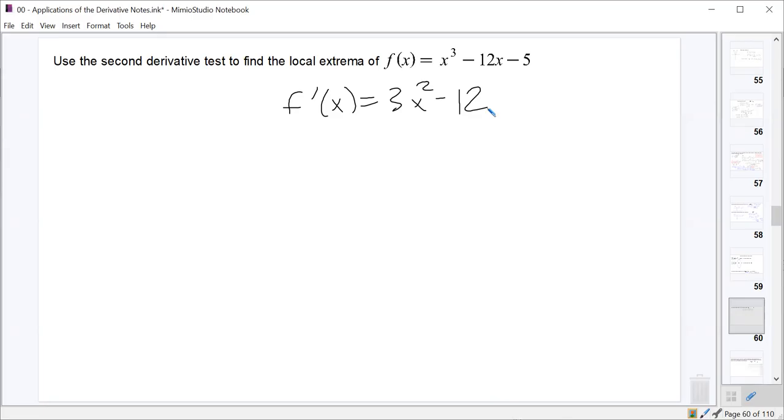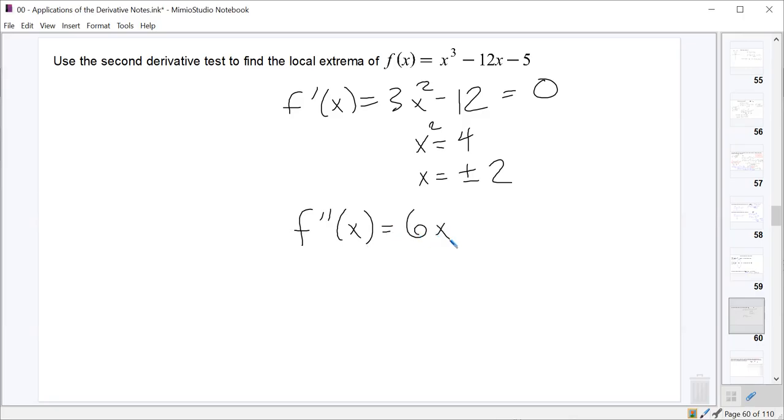And if we set that equal to 0, when I solve 3x squared minus 12 is equal to 0, I get x squared equals 4, and x equals plus or minus 2. So we've got two places where our first derivative is 0. All we're going to have to do is plug those into a second derivative. Our second derivative is just 6x.